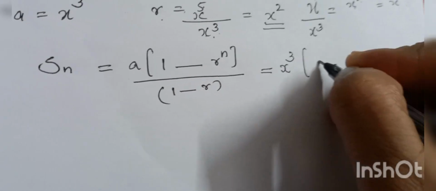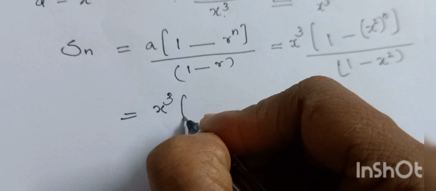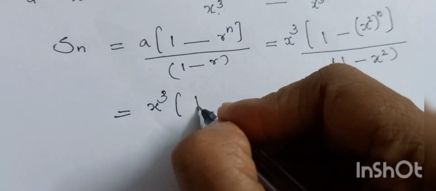In bracket 1 minus r is what? 1 minus x square to the power n, close the bracket, divided by 1 minus x square we get, which is equal to x cube in bracket 1 minus x raised to 2n.